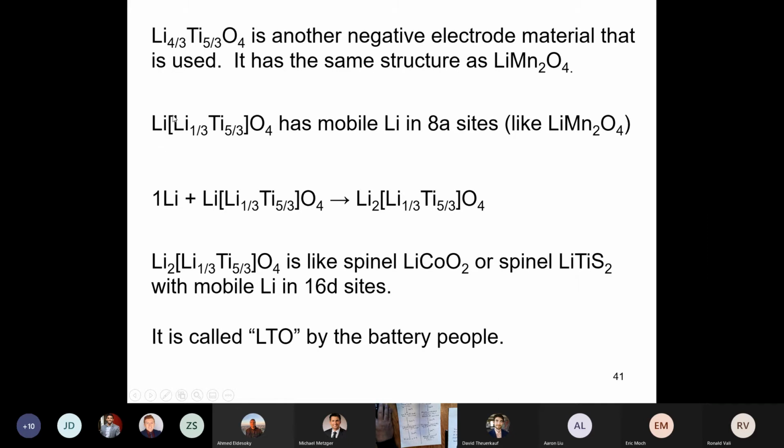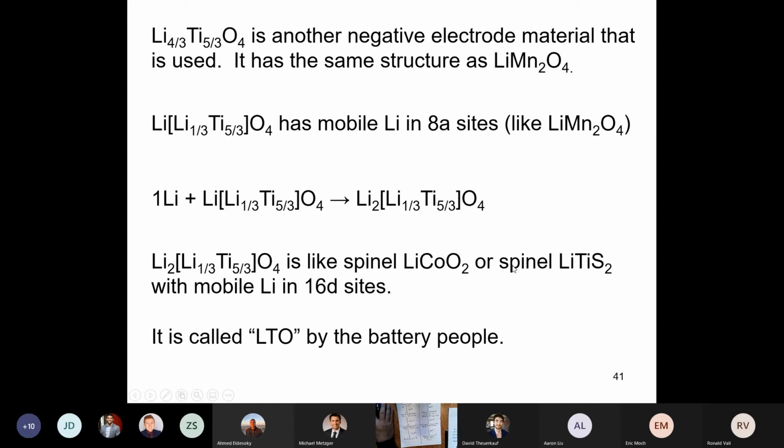So that means you should write the material like this, where the brackets enclose the atoms that are on one type of sites. And it has mobile lithium in the 8A sites in the crystallographic nomenclature, just like LiMn2O4. And you can add a further lithium to this, and it goes to being lithium-2. And the structure of lithium-2, Li 1/3 Ti 5/3 O4, is just like spinel lithium cobalt oxide or spinel lithium TiS2.